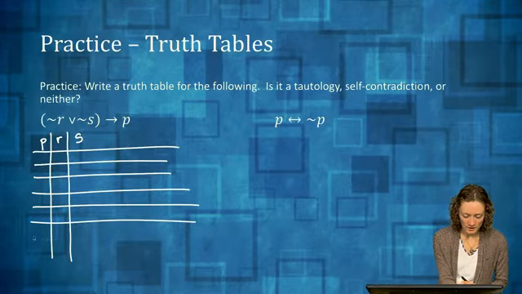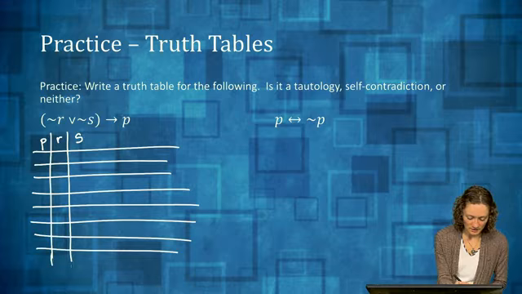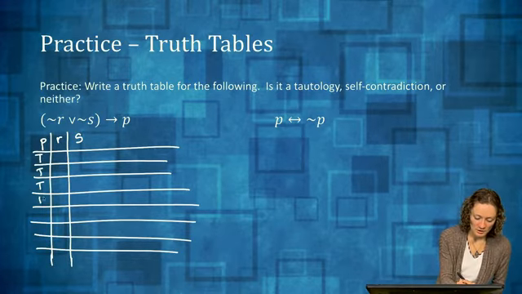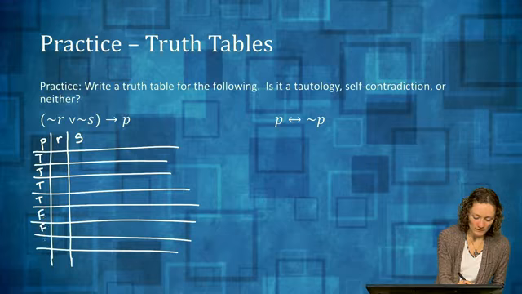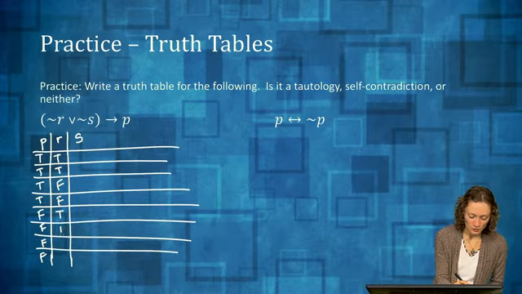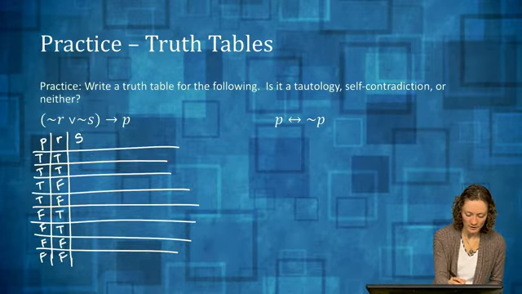We have the same pattern: 4 true, 4 false, then 2 true, 2 false, 2 true, 2 false, and then alternating.